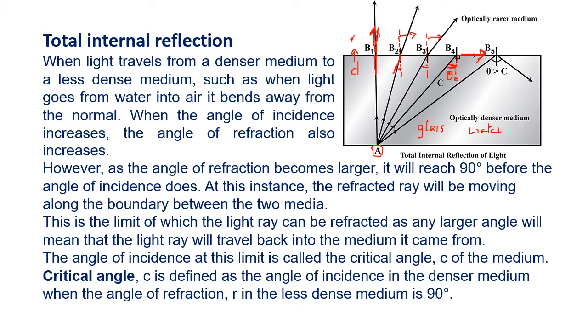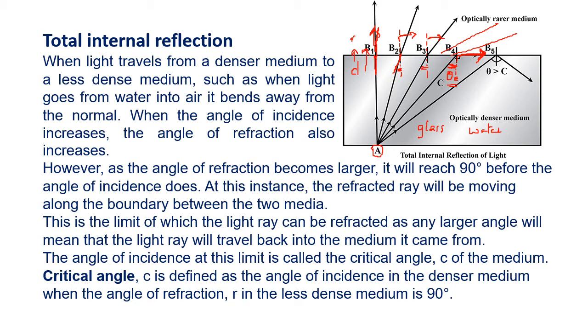So you can see, when light goes from a denser medium to a rarer medium, it bends away from the normal. As you increase the angle of incidence, the angle of refraction also increases, so it goes further and further away. At one point, for one angle of incidence, it becomes parallel. This is called the critical angle.